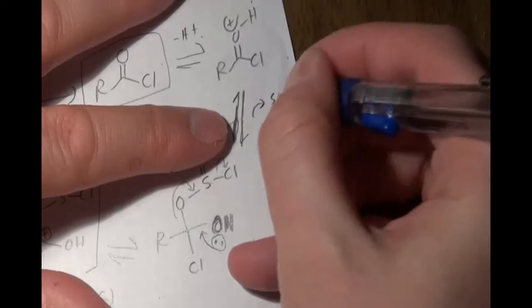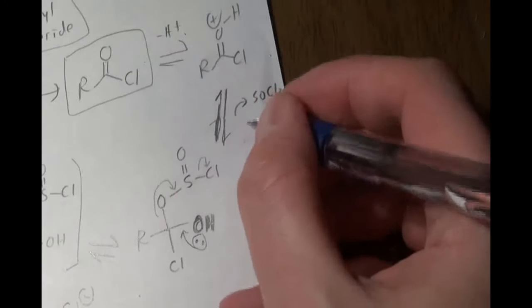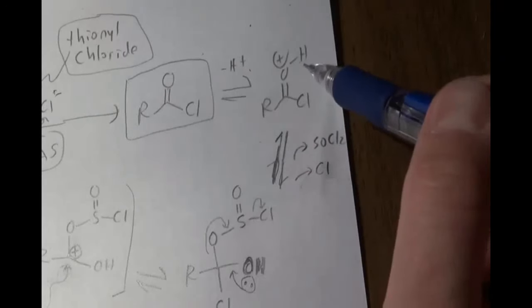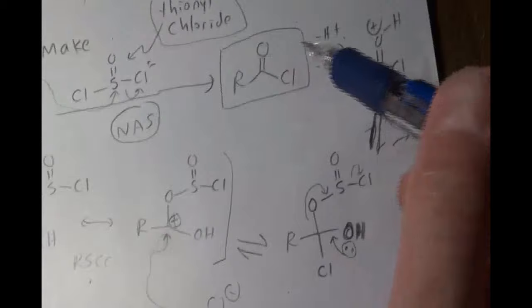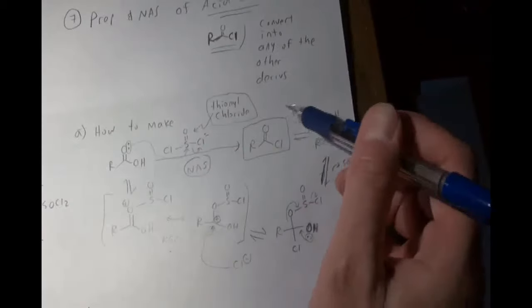You kick off SOCl2 as a gas, so the SOCl2 gas goes away, and you also lose a chloride. Okay, and later you lose another H plus to give the final product. You lose the proton off the protonated acid chloride, and then the final product is the acid chloride.